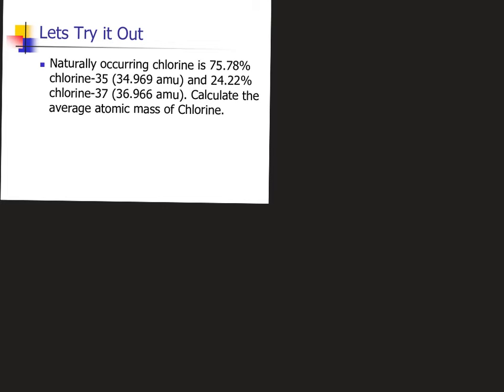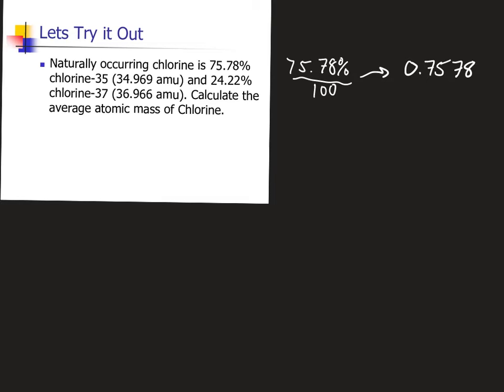And so from here, we will say that I have chlorine-35 is 75.78%. I can't really do much with that, but if I divide it by 100, I would then have 0.7578.